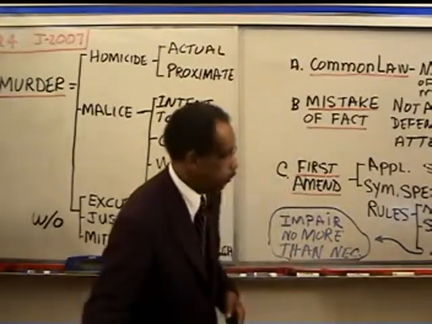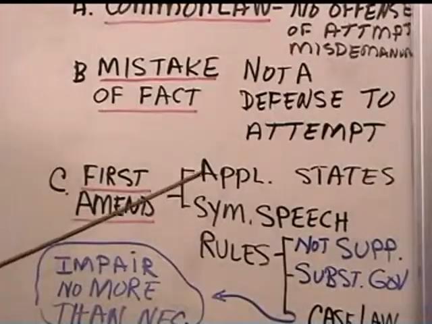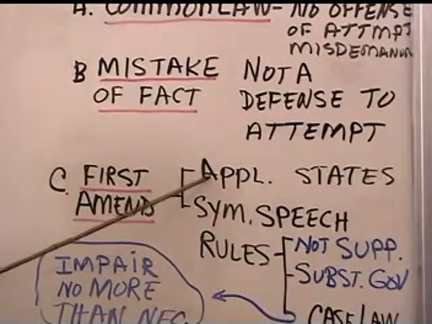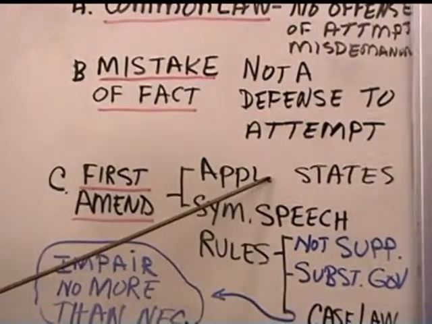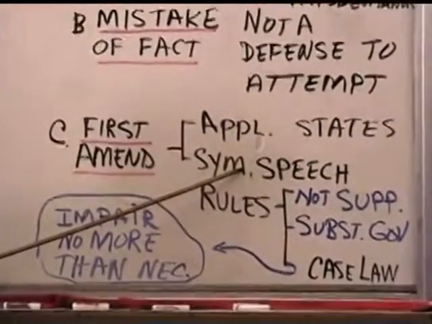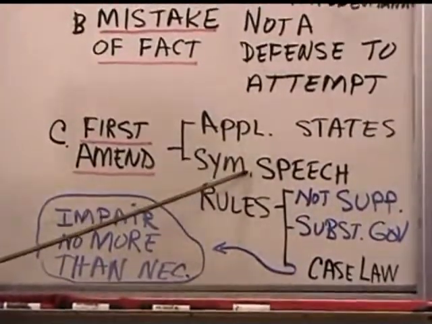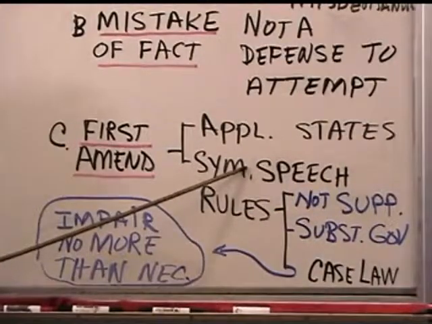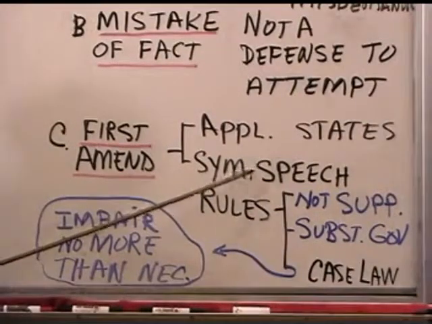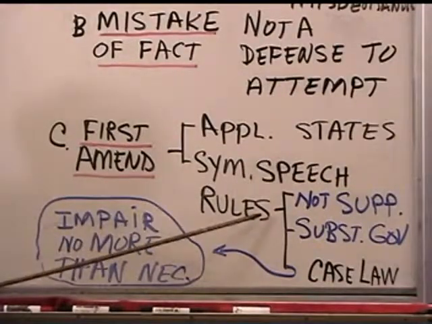And so here's how you would do it. You would answer the question by showing that the First Amendment applies to the states in the way we just talked about. You would point out that the states are prohibited from violating the First Amendment, and that in this case it is symbolic speech that's being protected.